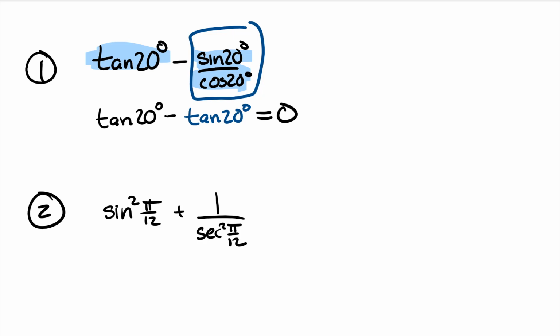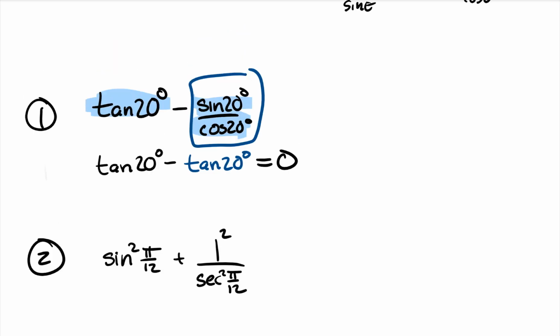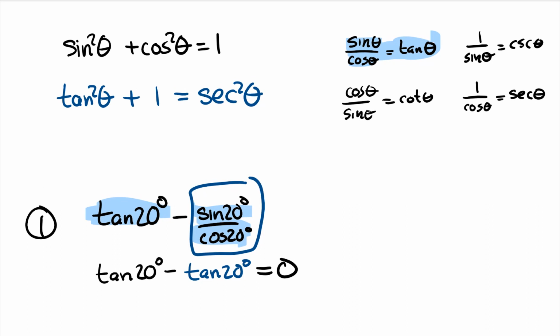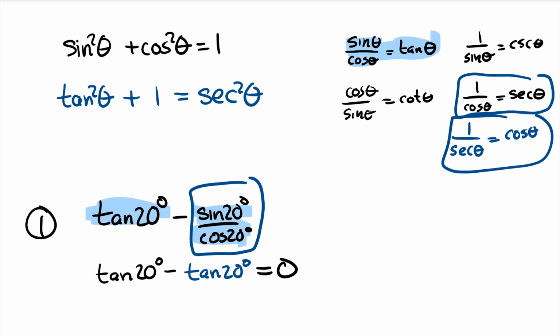So wait a second. 1 over secant? What's 1 over secant? Oh, it's not written here. Oh, it's the same thing. 1 over secant is the same thing as cosine. These mean the same thing. They're just written funky. Well, what's also true is 1 over secant squared is the same thing as cosine squared.